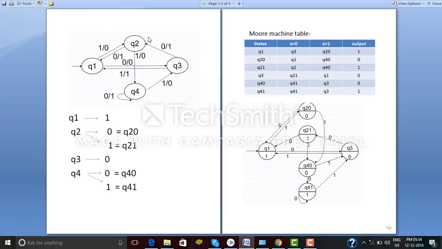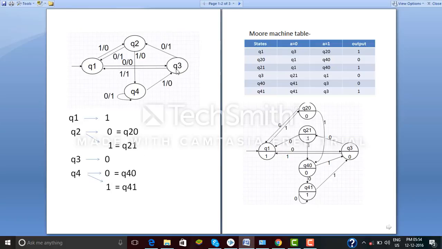Now comes the Q2 state. We can see these two lines coming towards the Q2 state by giving output 0 and output 1. Having different outputs, we consider two separate states for output 0 and for output 1. For 0, we consider the Q2 0 state, and for 1, we consider the Q2 1 state.